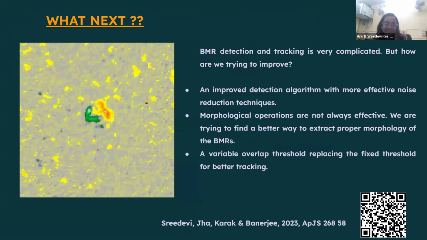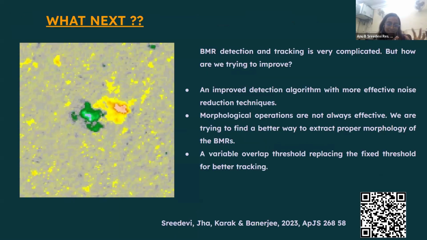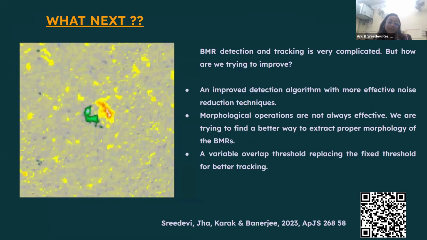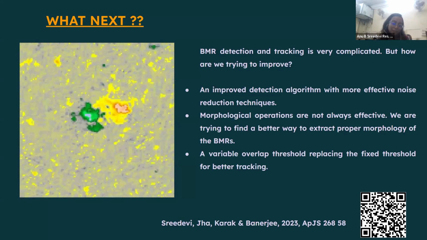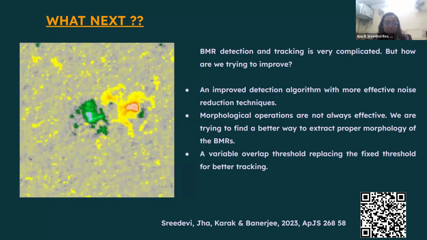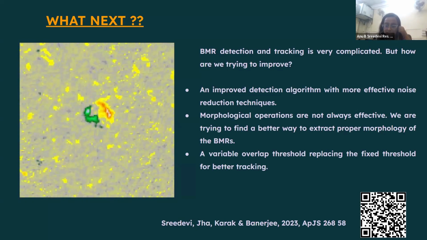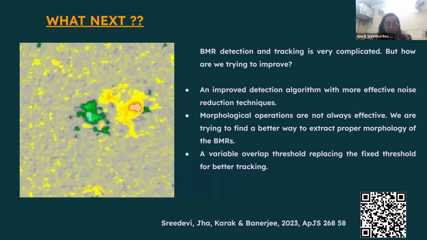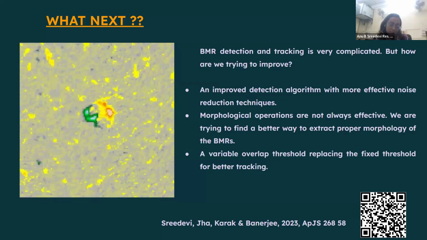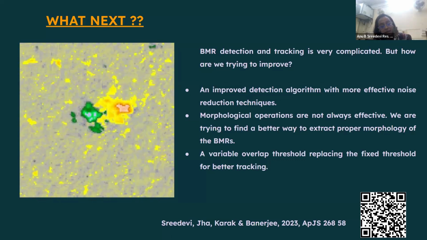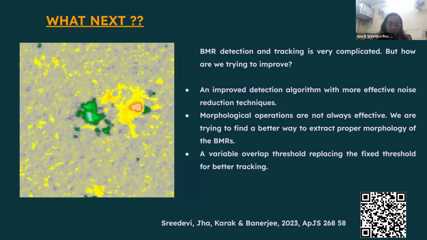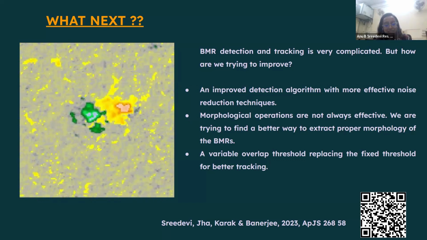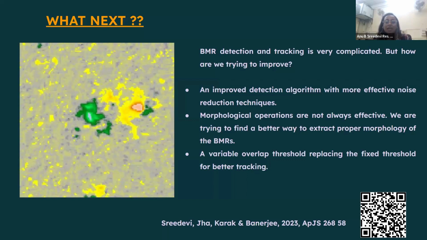As researchers, after a project, we always ask what's next. In the case of the algorithm, an improved detection algorithm is always necessary. Better noise reduction techniques and better projection correction techniques are needed, and some of my colleagues are already here, so we are working on it.